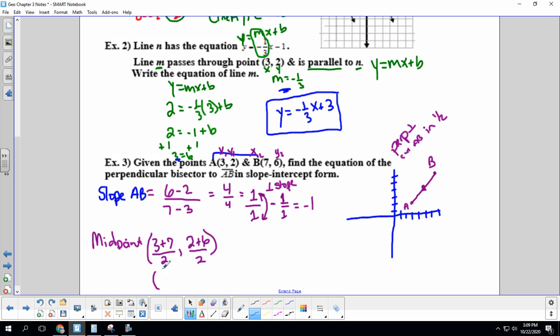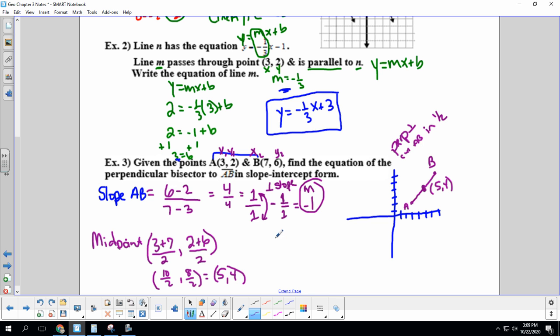So the midpoint is at 10 over 2 and 8 over 2, or (5, 4). So we can actually see 1, 2, 3, 4, 5. 1, 2, 3, 4. So we have a line that has a slope of negative 1, and it goes through (5, 4).